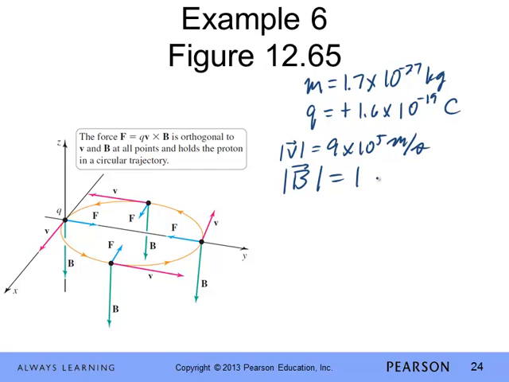V cross B, it's going to be accelerated in this direction. But of course, as it changes direction, the direction in which it gets accelerated is always changing as well. So it's going to travel from here to here. Let's just see where it is right here as it gets into this orbit, and now it's traveling in this direction, I guess.